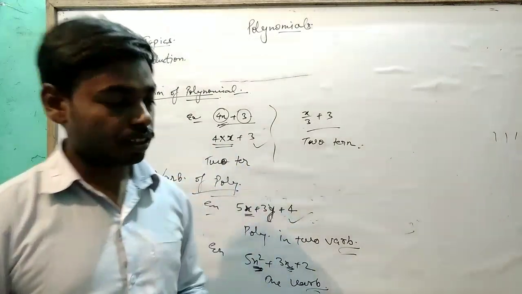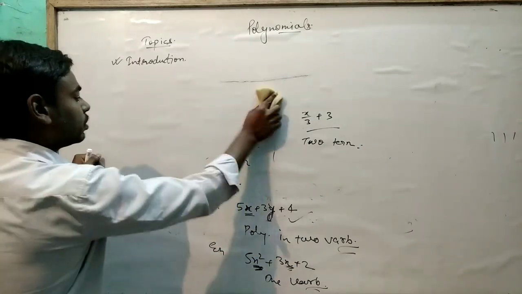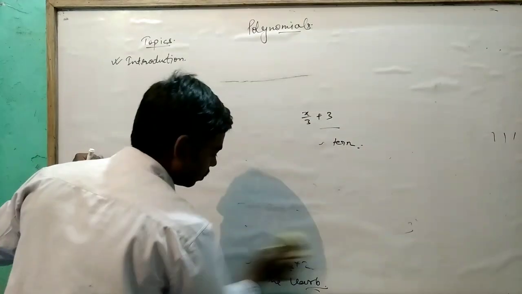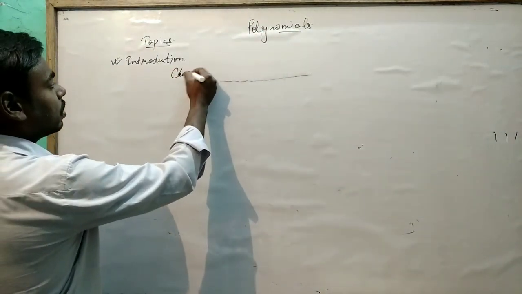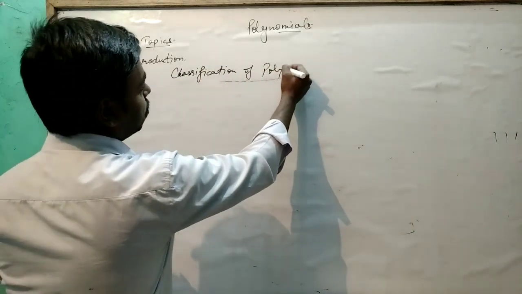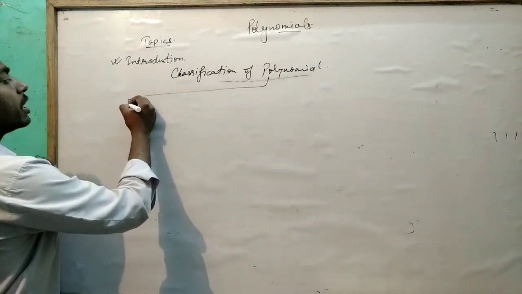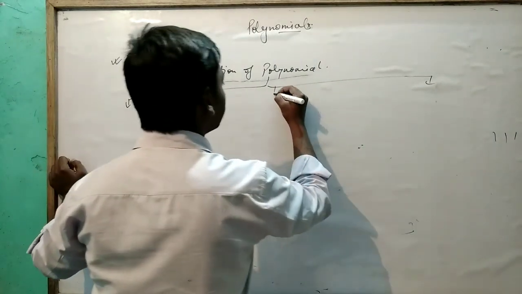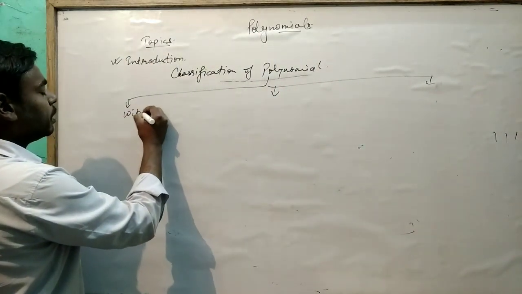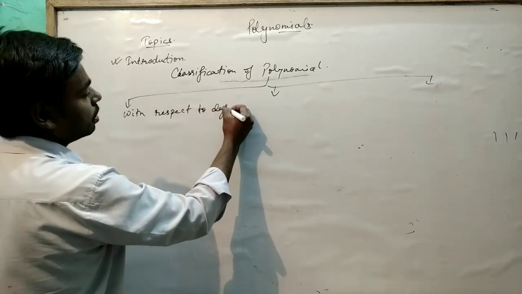Okay, next we learn about classification of polynomial. It is classified into three parts. First, with respect to degree.